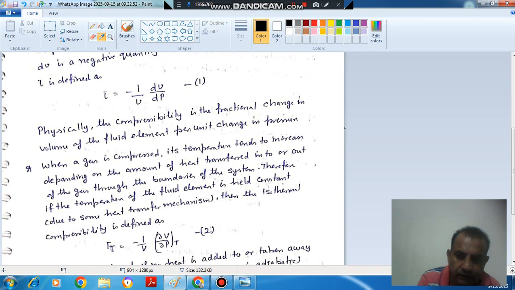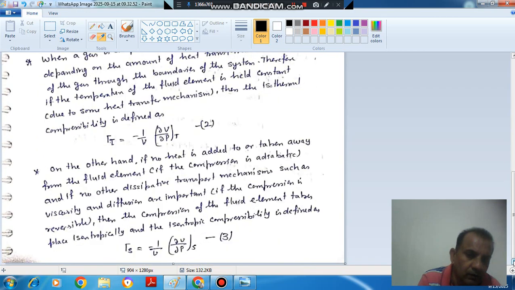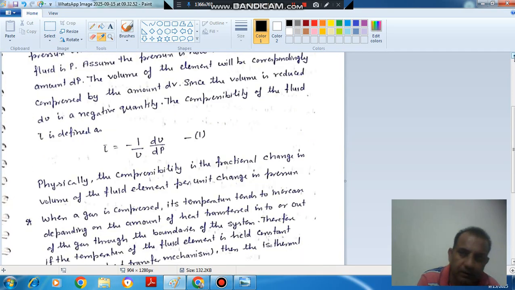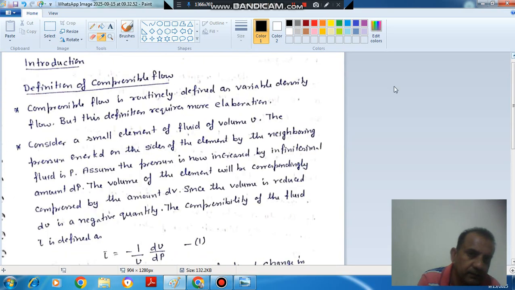And when this fractional change in volume with respect to pressure takes place at constant entropy, then it is isentropic compressibility. So these are the definitions of different types of compressibility, and I will read this out.